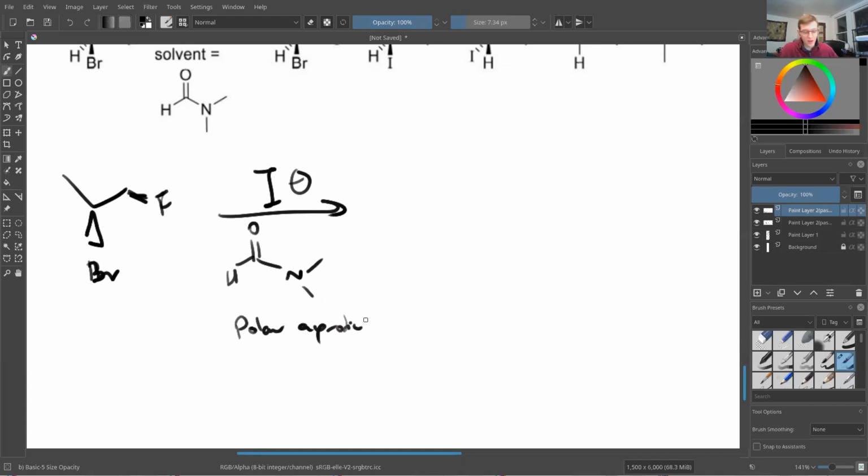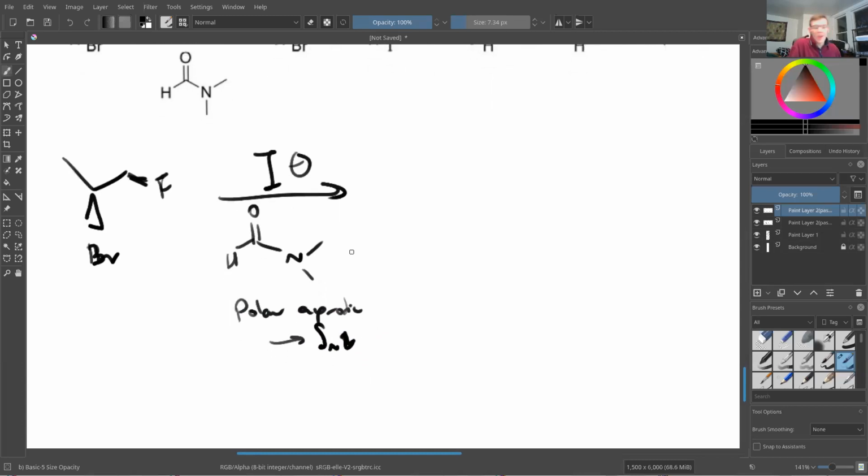Which is nice for SN1 or SN2? 2. Yeah, that's right. And I should give you the answer here. This is a common SN2 solvent. It's called dimethylformamide, or DMF.